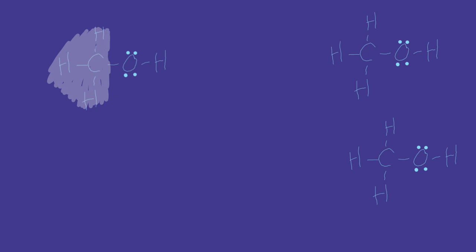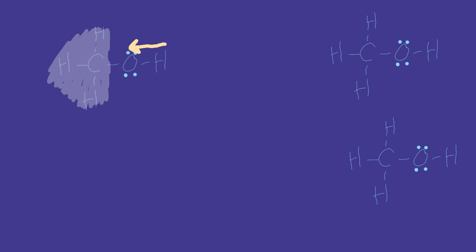Now we're going to come over here to the OH, and we know that O and H are going to create dipoles. There's going to be a pole of the electrons, the shared pair of electrons, towards the oxygen. So this oxygen is going to have a negative dipole.